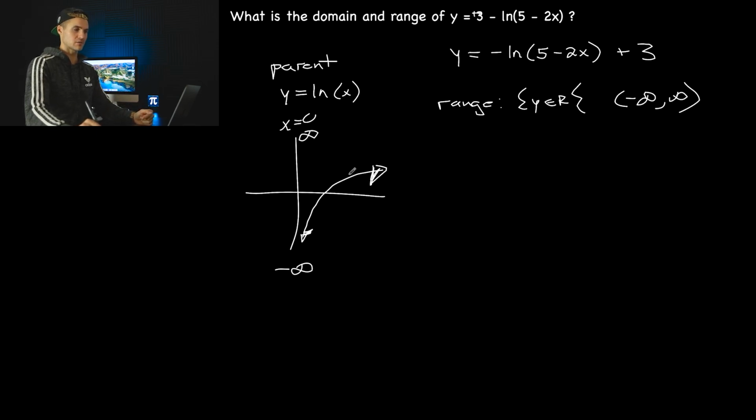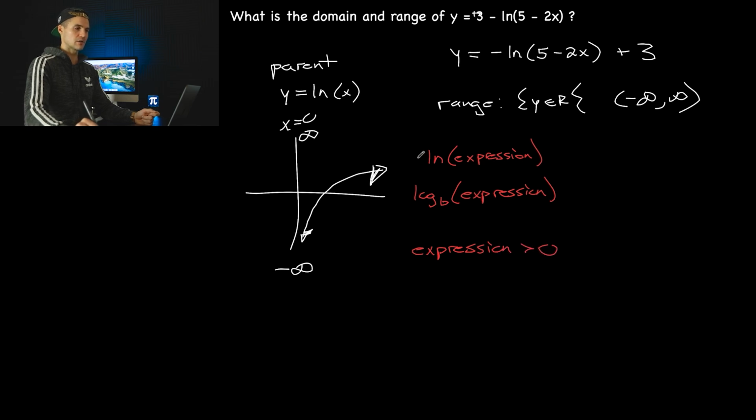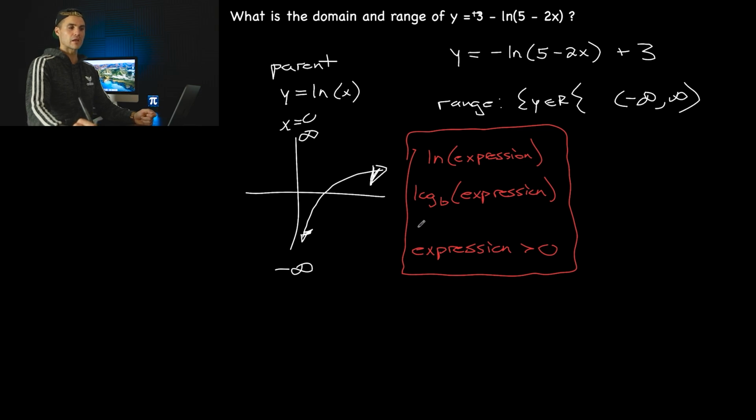The way you can figure out the domain for any log or ln function is to remember that the expression within the brackets always has to be greater than 0. This is what you want to write down. This is how you always find the domain.